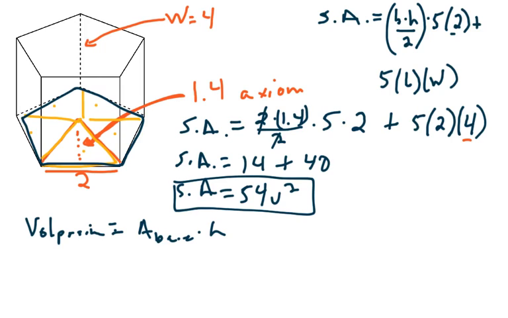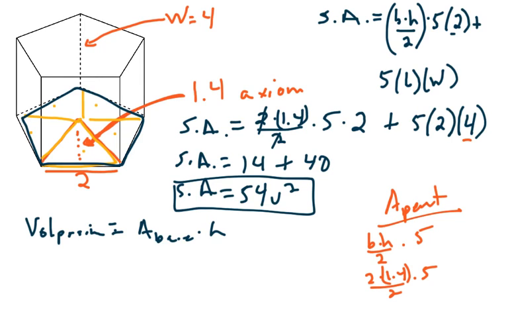We're going to steal some stuff here. We've got the area of our pentagon, which we know is base times height divided by 2. There's the triangle, times 5 of those triangles. Now I don't have to times by the top because I only need the base shape. So again, 2 times 1.4 divided by 2, times 5.